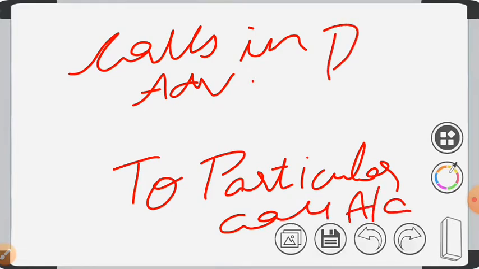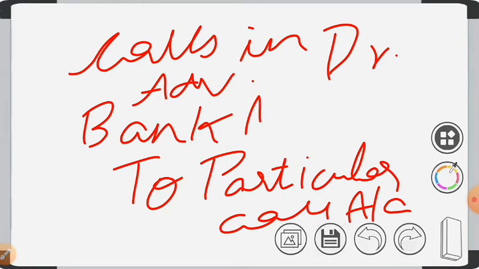Since the company is receiving the money, the bank account of the company is debited. So the entry would be calls in advance debited, bank account debited, to particular call account. So this is about calls in advance.